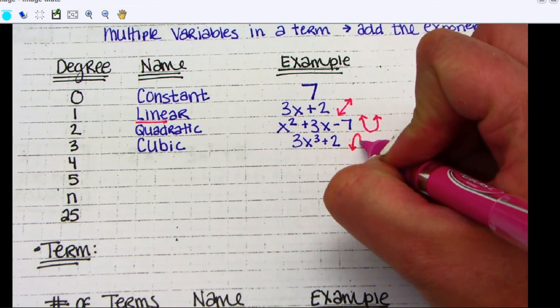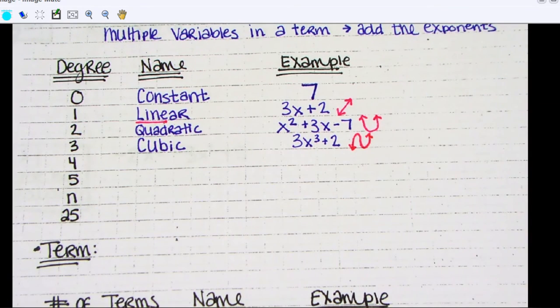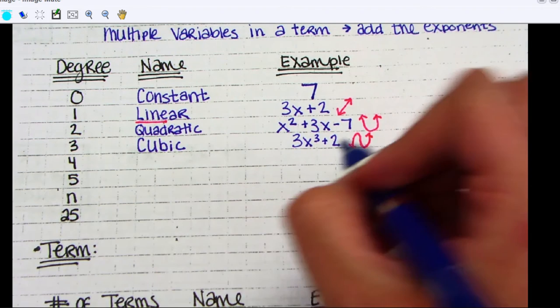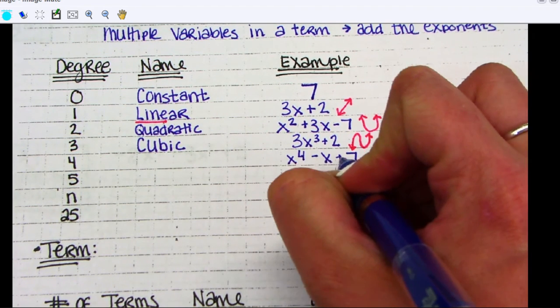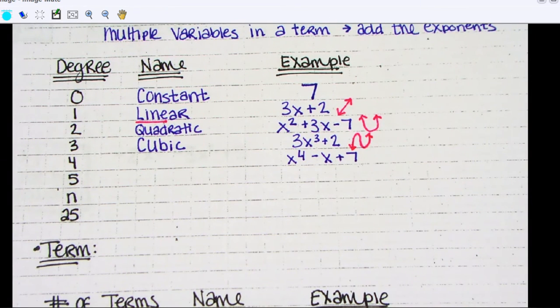So it just increases the number of turns it has. It could potentially cross the x-axis 3 times. Okay? As you go up in powers, the number of curves go up as well. What about a 4th degree, like x to the 4th minus x plus 7? 4th degree, what do we call those?